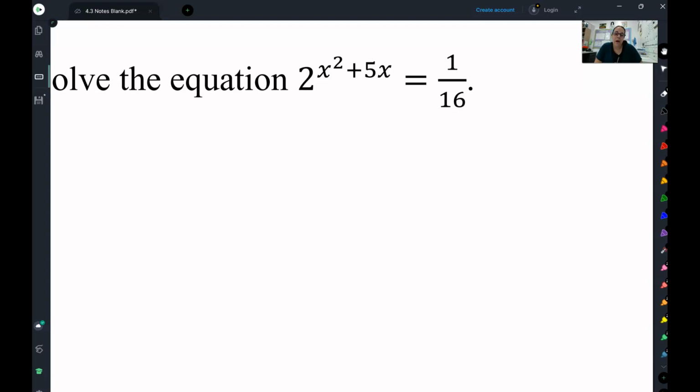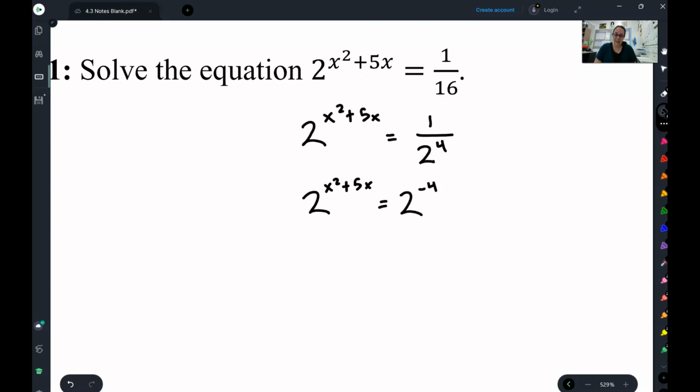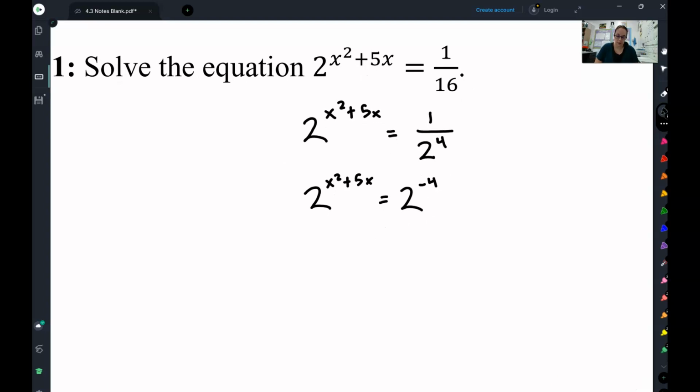Okay. Now, for me, when I first see this problem, I would notice pretty quickly that 16 is a power of 2. So, if I change that 16 to 2 to the 4th, then I know I can use my rules of exponents to bring that 2 to the 4th up, make the exponent negative, and now I have my 1-to-1 property.